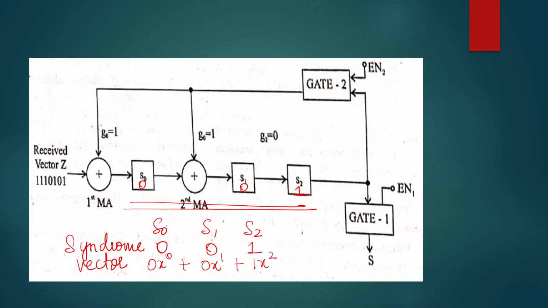So this is how we obtain the syndrome. Since it is non-zero, we will say that this particular received vector is an erroneous vector. That means it has got some error during the transmission over the channel.